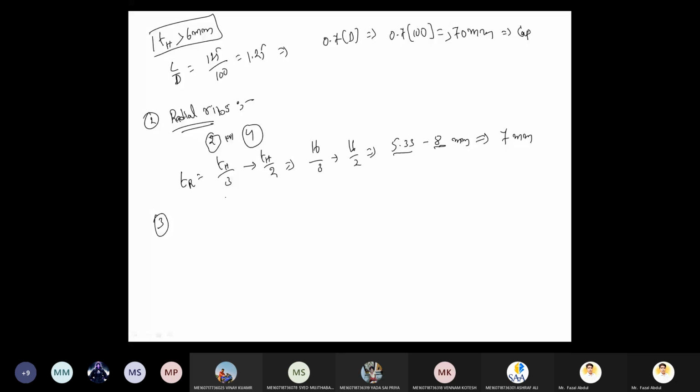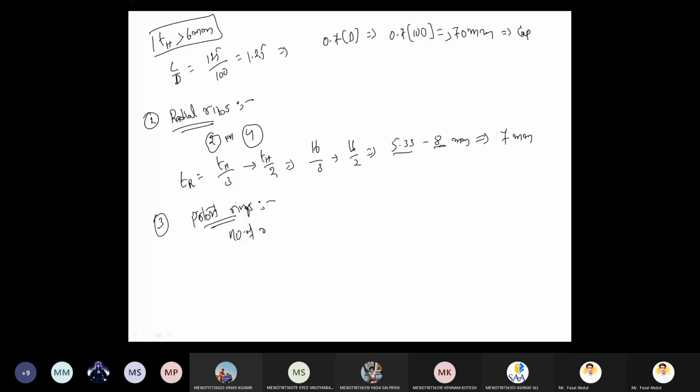And now the third one, piston rings. So to calculate the piston rings, here we assumed the number of rings is 4. I'm assuming 4.